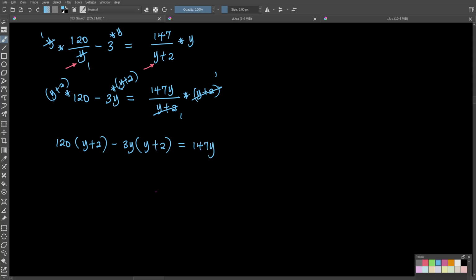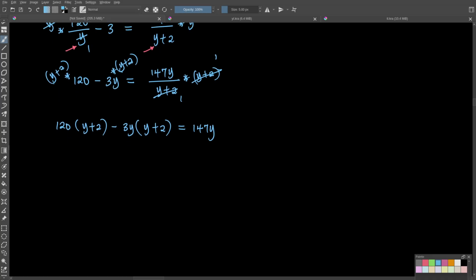At this point, we are going to expand these expressions, and we're also going to bring this 147Y over to the left side. So let's start expanding. 120 times Y gives 120Y, then 120 by 2 gives plus 240. Negative 3Y times Y gives negative 3Y squared.